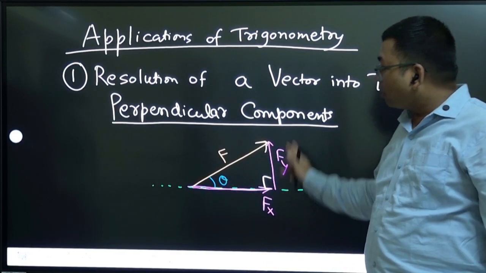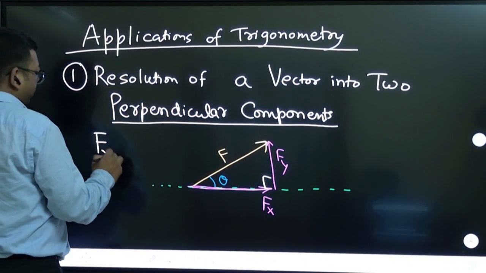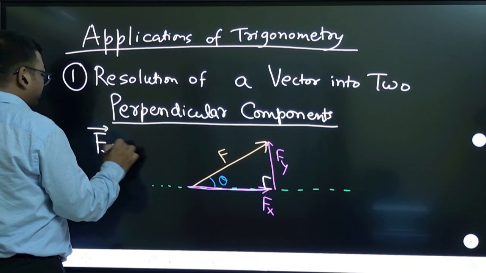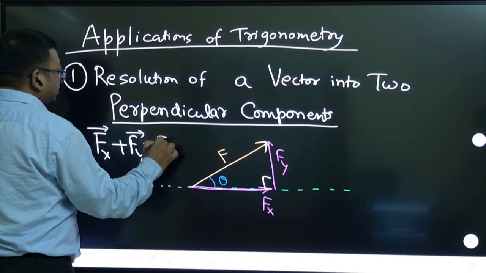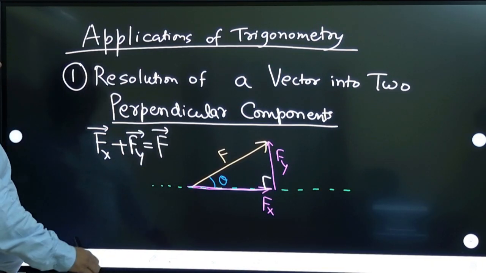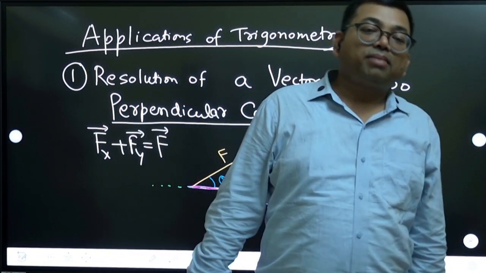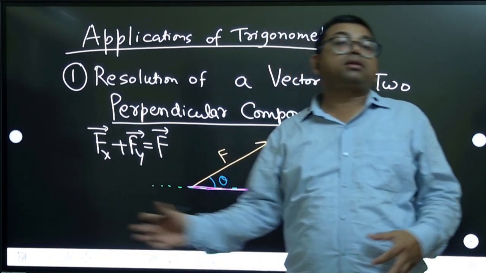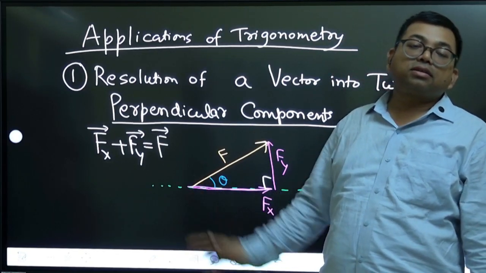So sum of Fx and Fy vectorially, if I write vectorially, then I will write Fx vector plus Fy vector. These two are vectors. Okay, it is not just the sum of the magnitudes of these two. It is the vector sum. So sum of this plus this is giving us this.